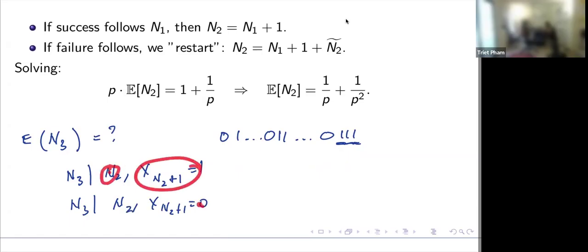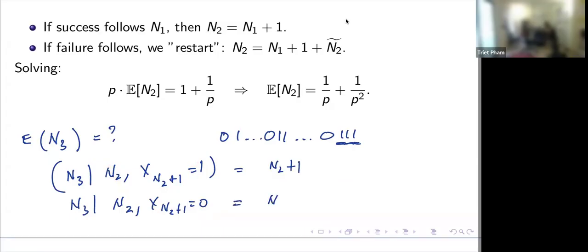But the two possible values for the trial after that are 1 or 0, success or failure. So this will be N2 plus 1. And this will be N2 plus 1 plus N2 tilde, where N2 tilde is an identical copy of N2.